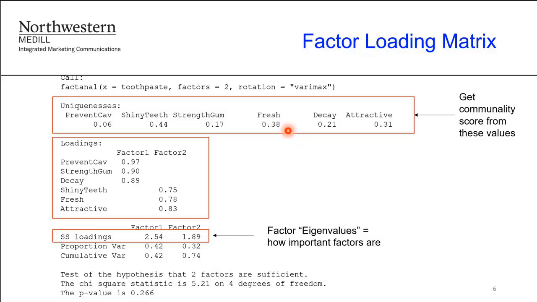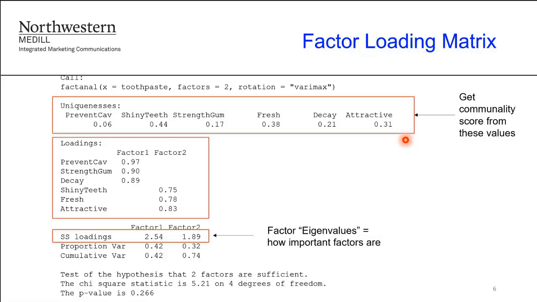We can compute the communality using this uniqueness. So 1 minus uniqueness equals the communality, right? How do we use the communality rule? When you simplify the survey, when you decide which questions you're going to drop from your survey, you may want to use this communality.